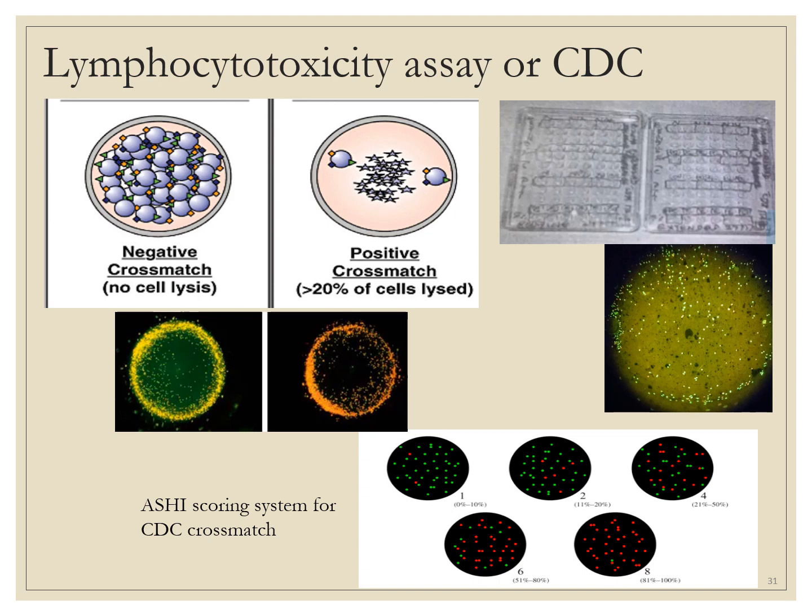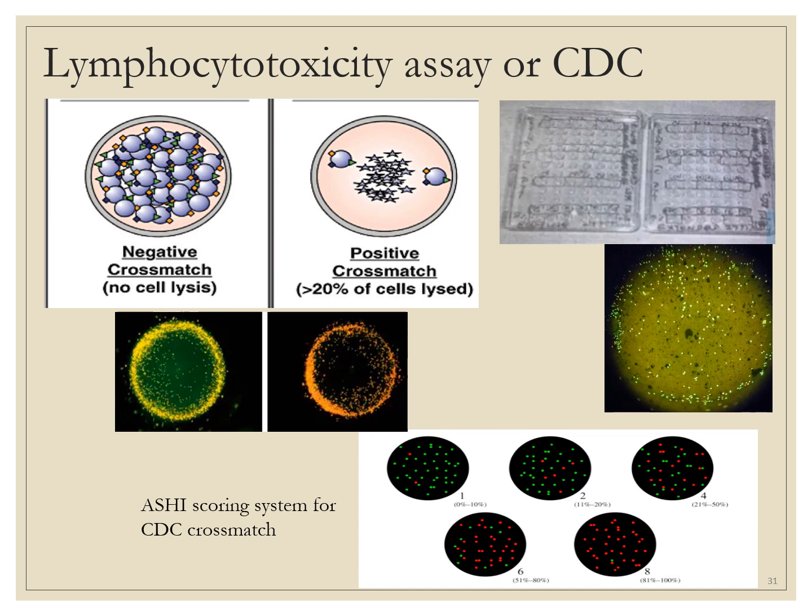We isolate B cells and add the patient serum, and then we add complement and IgG and see if there's death. When you look at this under a fluorescent microscope, you use a stain, usually acridine orange.